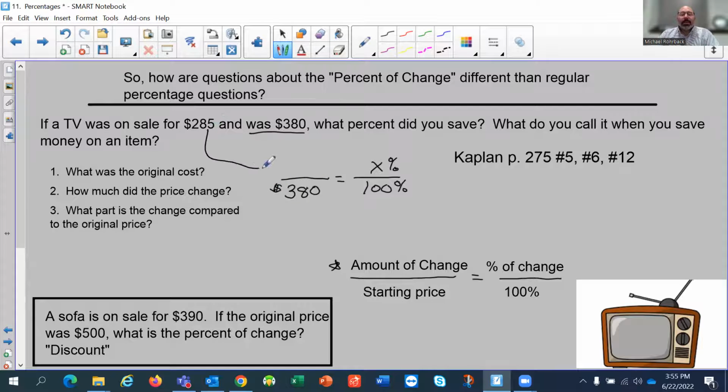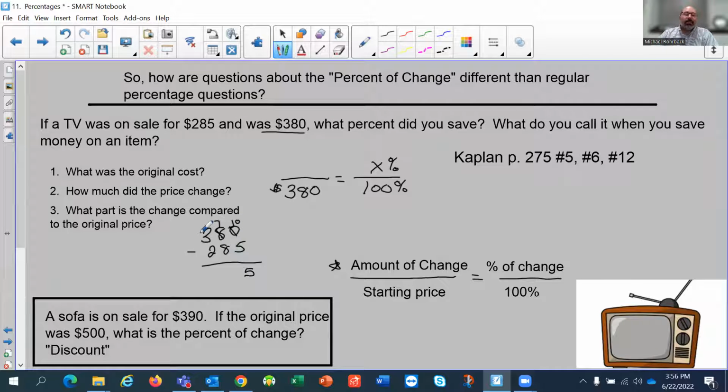The big mistake is people want to put the 285 on top, but the 285 is not how much it changed. The only way to find out how much it changed is to take 380 and subtract the 285. When you do that on a calculator or by hand, this is going to borrow, that's a 7, that's a 10.